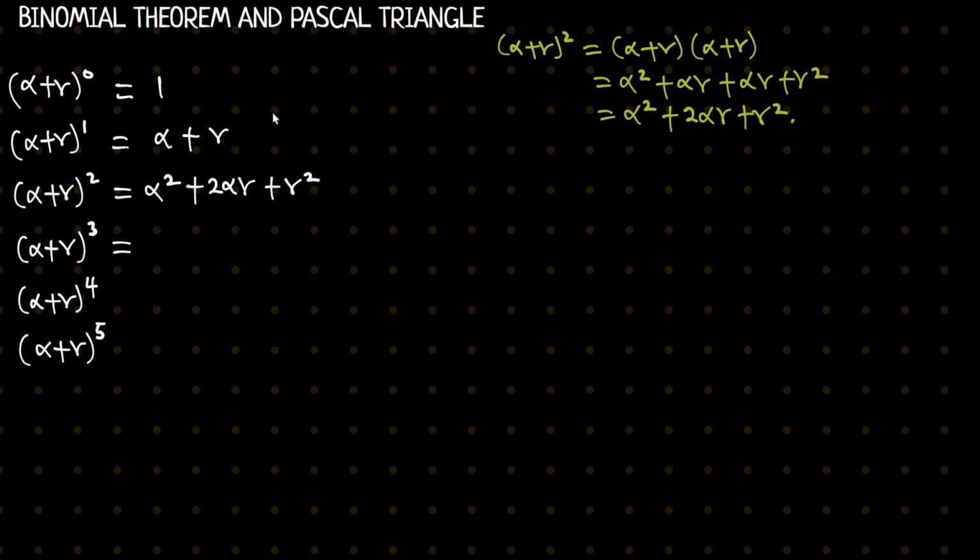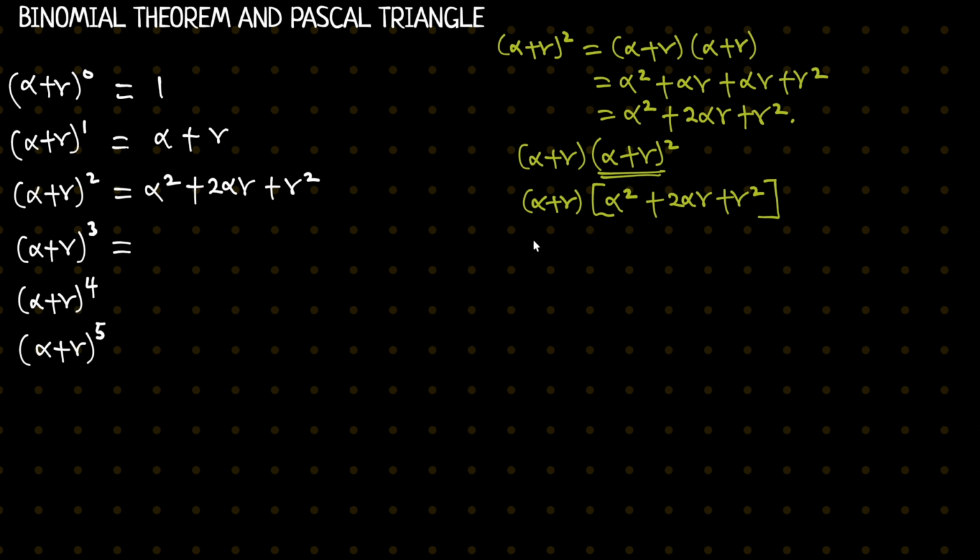Alpha plus gamma to the power of 3 is just taking alpha plus gamma and multiplying that by alpha plus gamma to the power of 2. And we've previously obtained this as this. So we just do alpha plus gamma multiplied by alpha squared plus 2 alpha gamma plus gamma squared.